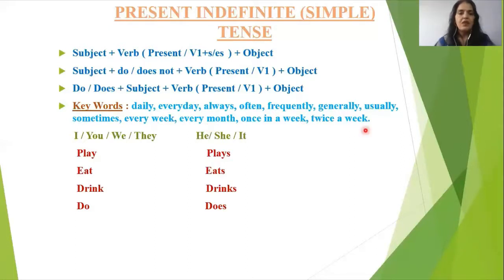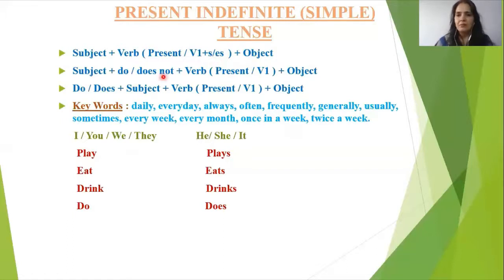These words always help us understand and recognize, oh, this is the simple present tense, and we will use this structure here. Which structure? First form of the verb. And helping verb? Do and does.